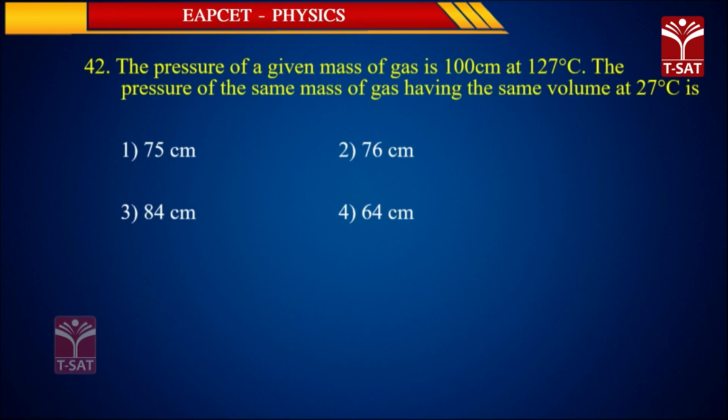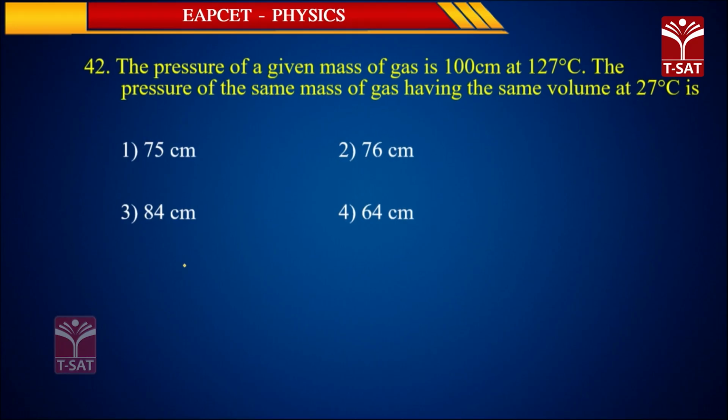The pressure of the same mass of gas having the same volume at 27 degrees centigrade. Here you know the formula, what is that? Gas laws. What are the gas laws, children?